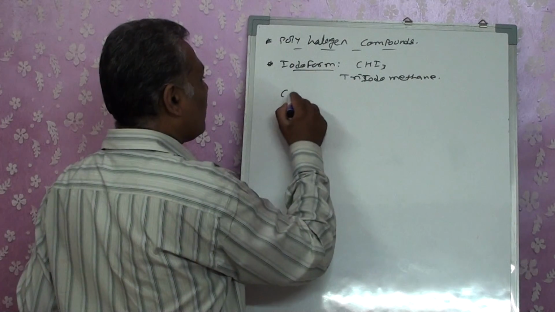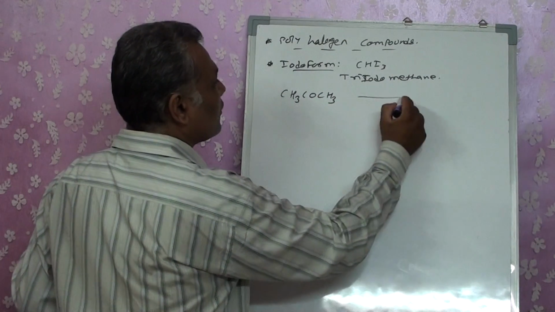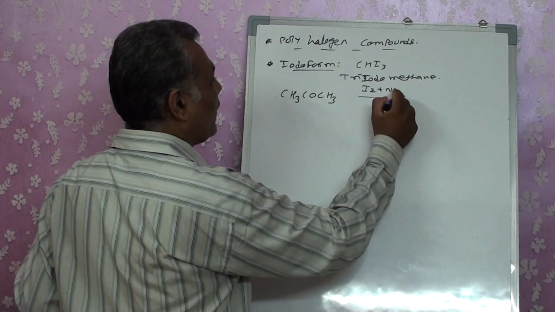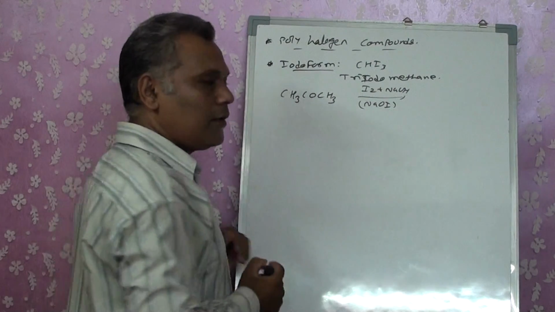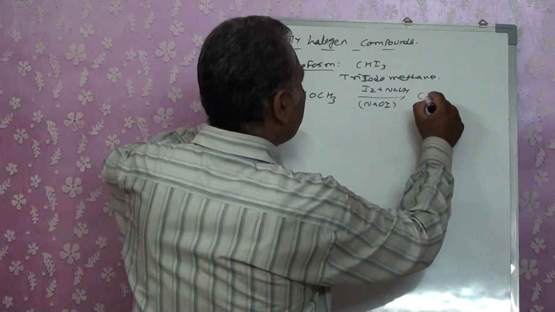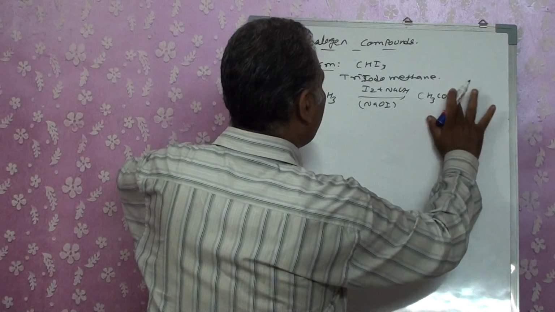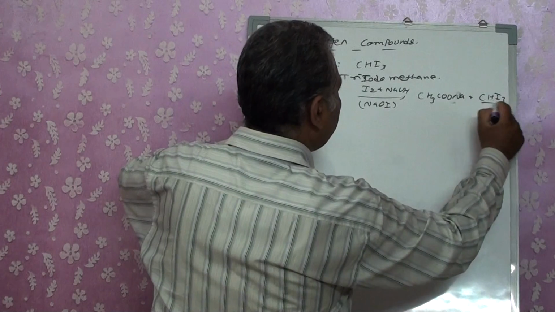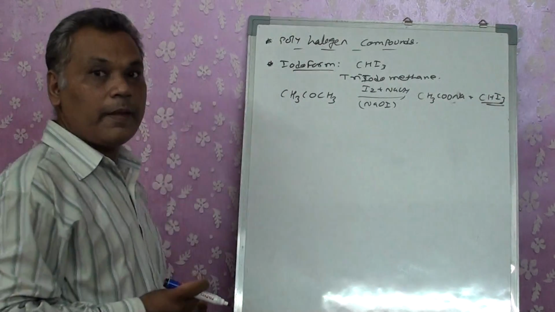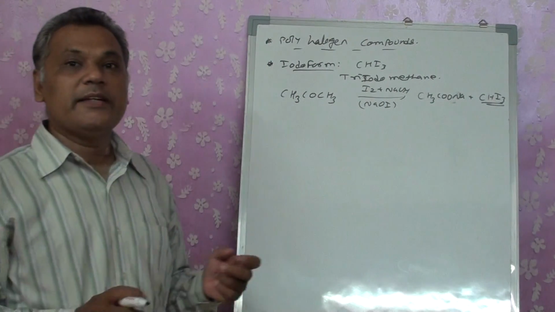Like chloroform, it can be produced from COCH3 with I2 and NaOH. This time it will produce NaOI, right? And the compound will produce CH3COONa plus CHI3, iodoform. It was used for antiseptic purposes, but nowadays it's avoided.